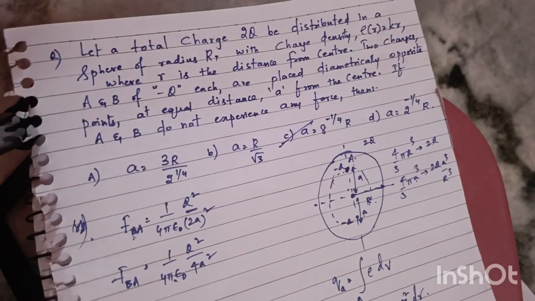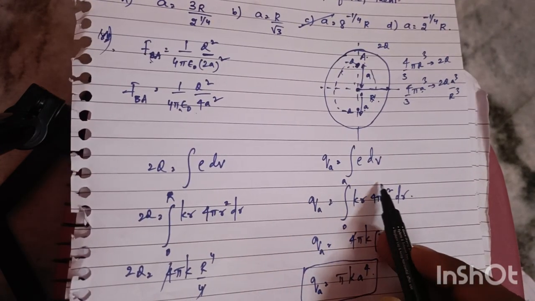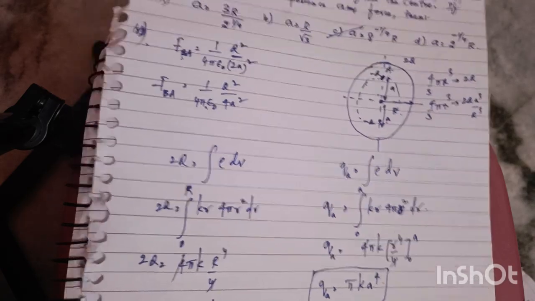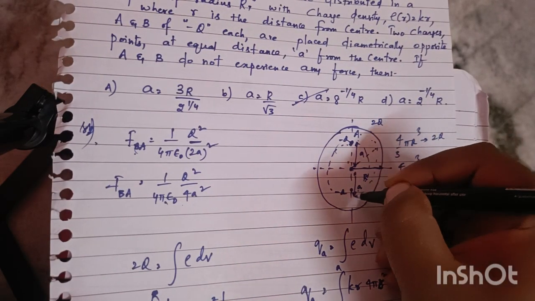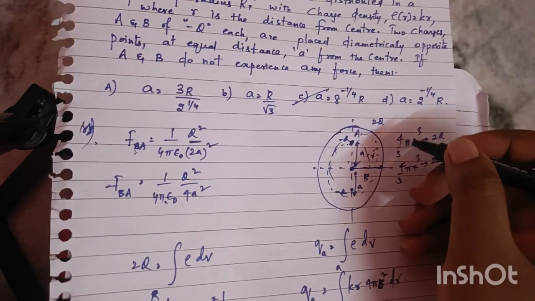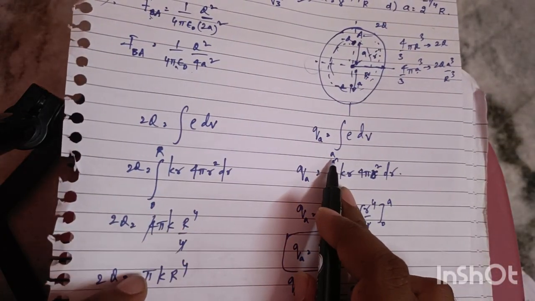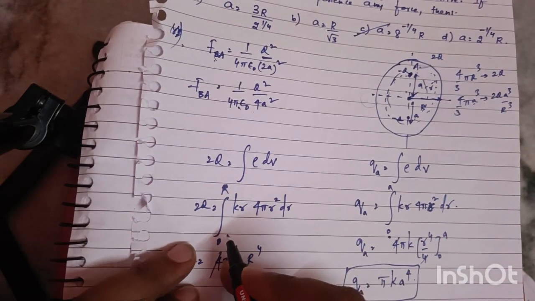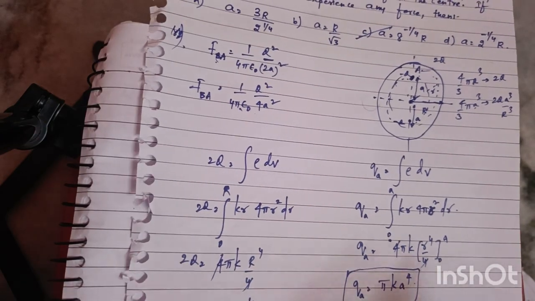So I hope you got the point that this is a variable charge density, so we have to do it by the elemental method. The elemental method always takes some arbitrary distance and arbitrary element, that is a shell element at distance r, and we compute the limits accordingly. Initially we needed up to a, and in the second case we needed 0 to r. You could compute either first, it doesn't matter.